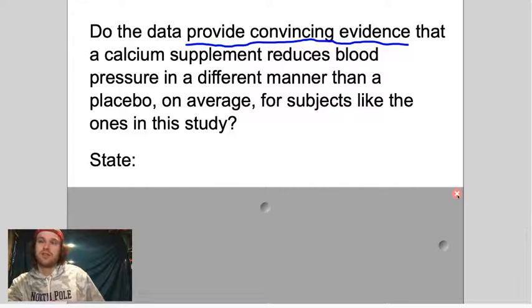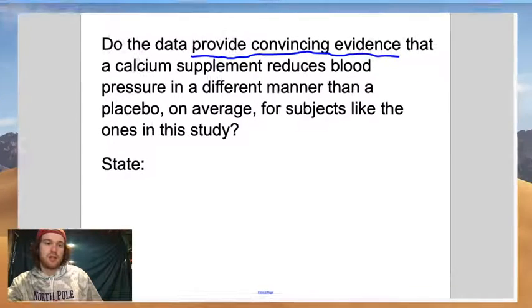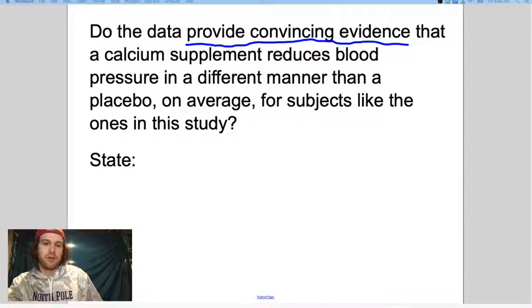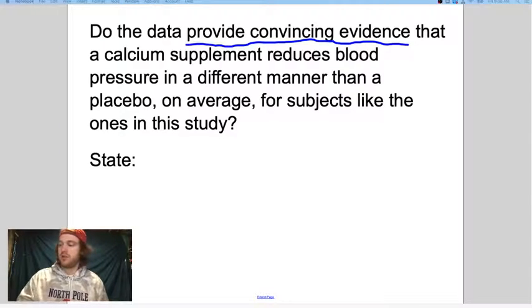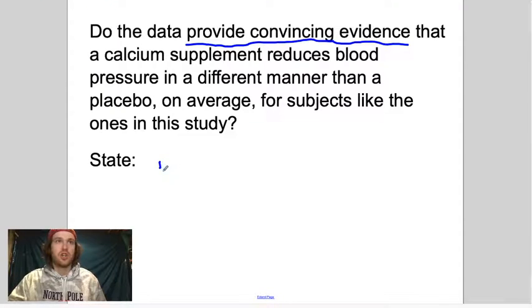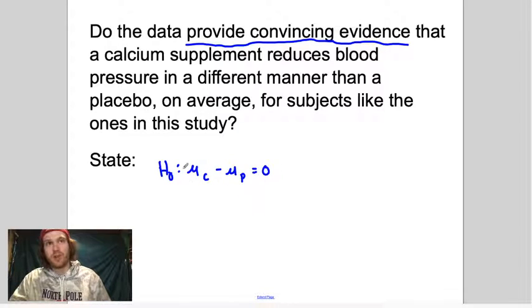All right, so let's go ahead and state, what are we trying to do here? Oh baby, we're finally doing something. Okay, H0 is mu calcium minus mu placebo equals 0.